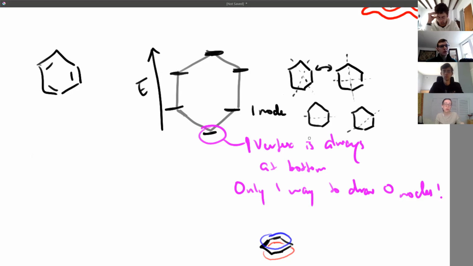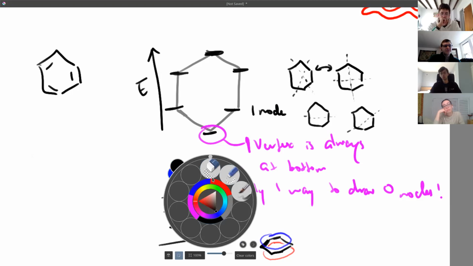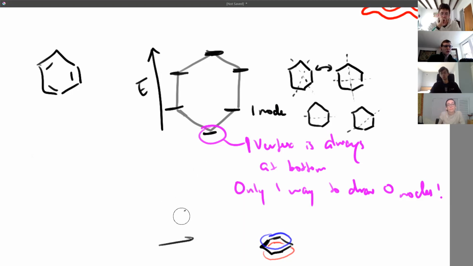No. This position and this position on the energy diagram are arbitrary. We just use this as a visual aid. The energy levels are just next to each other, and this direction doesn't mean anything.